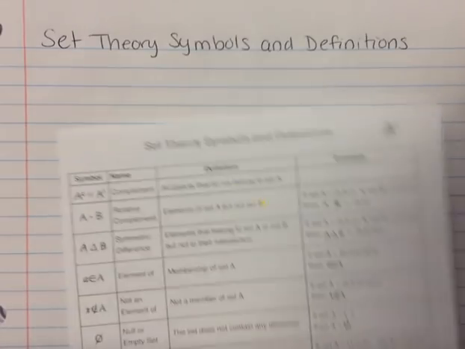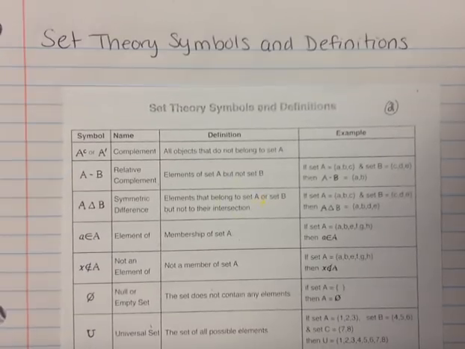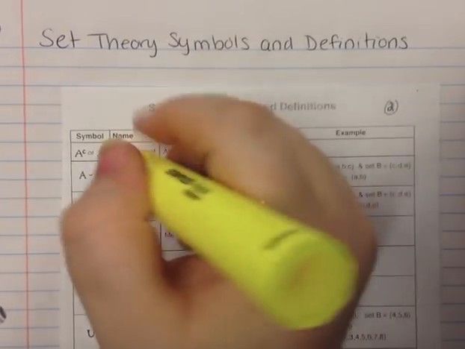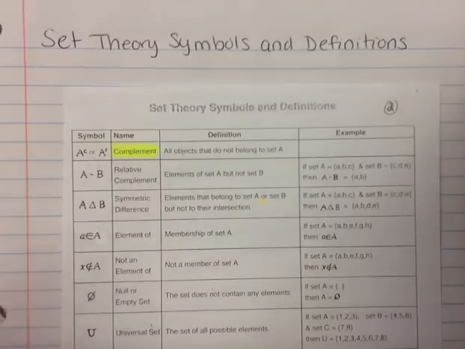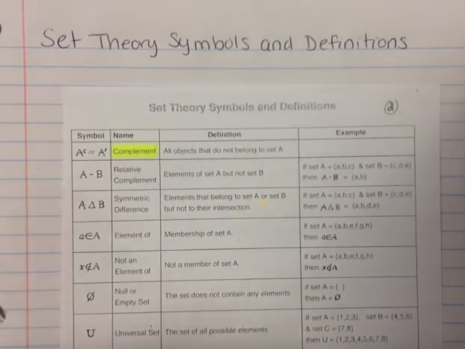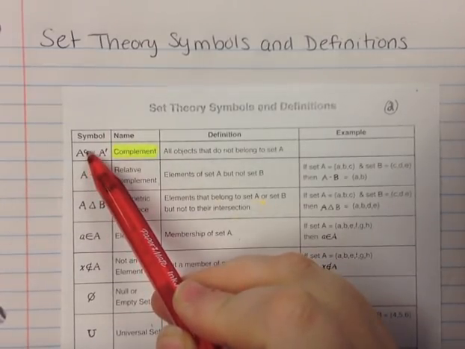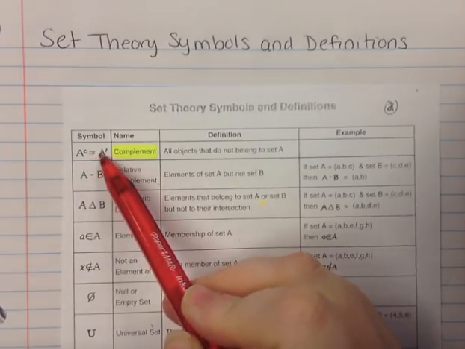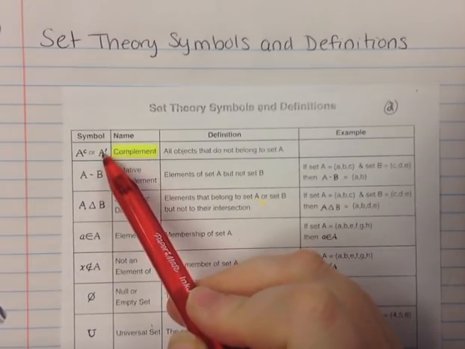On the second page of set theory symbols and definitions, we're going to be talking about a few of these. The first one is the complement. This is denoted by A raised to almost like a C power, or it could look like A almost prime.